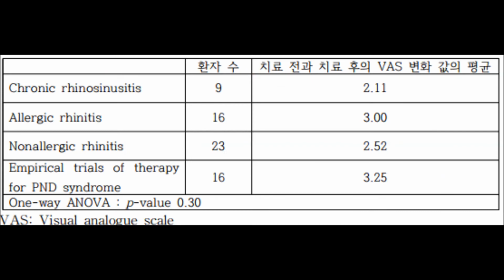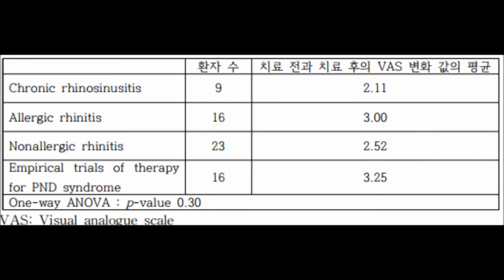When one-way ANOVA was applied to the mean of the VAS changes in these 4 groups, there was no significant difference between the means of the groups of PND syndrome.